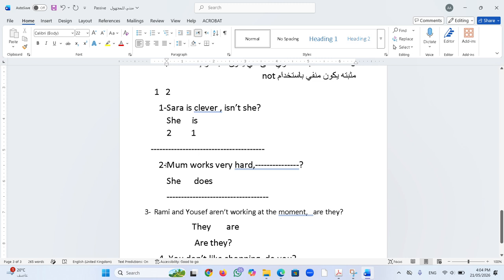Now we don't have not in the first statement. We add not. Then change it. She number 2 or doesn't number 1. How to answer the question tag? Here we fill in the blank space with doesn't she.